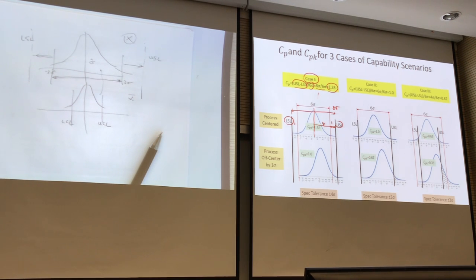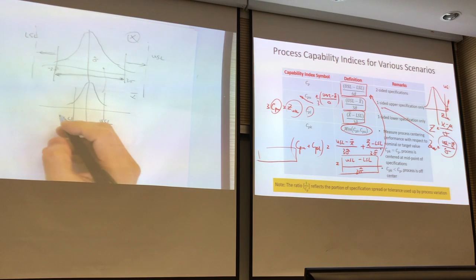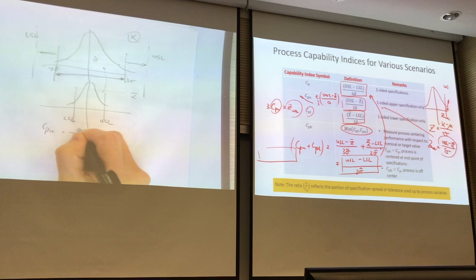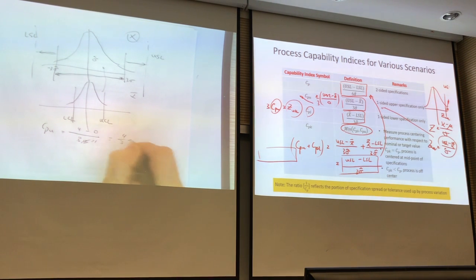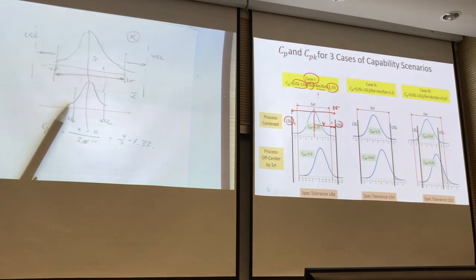CPL is equal to 4 minus 0, divided by 3 sigma, with sigma equal to 1, so 4 divided by 3 equal to 1.33.